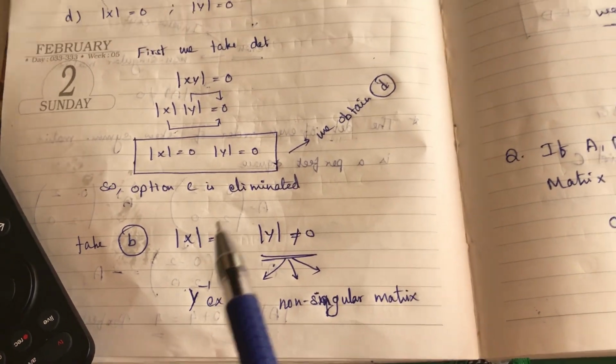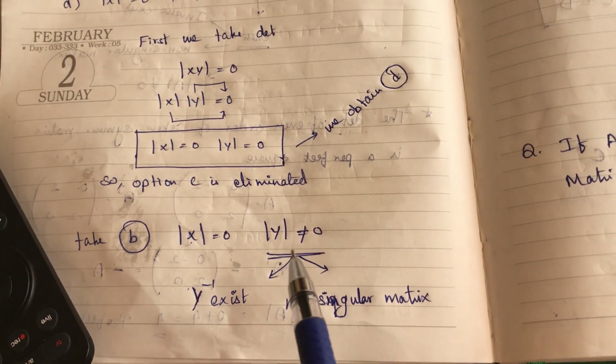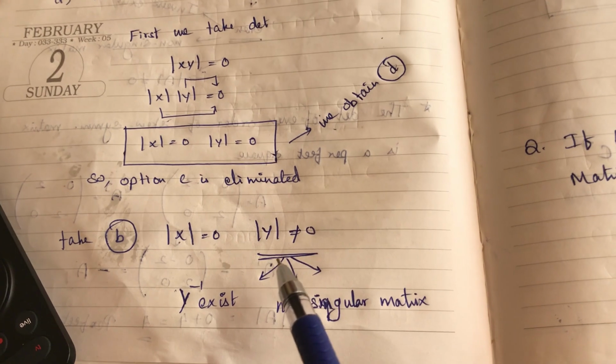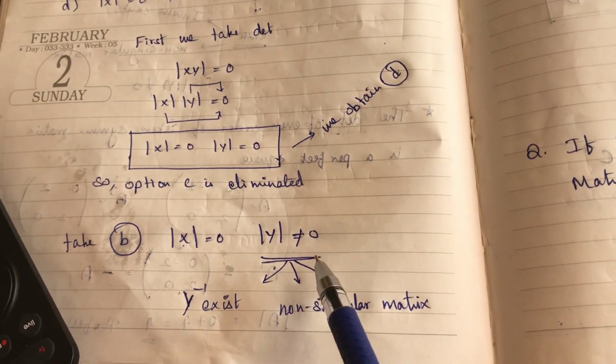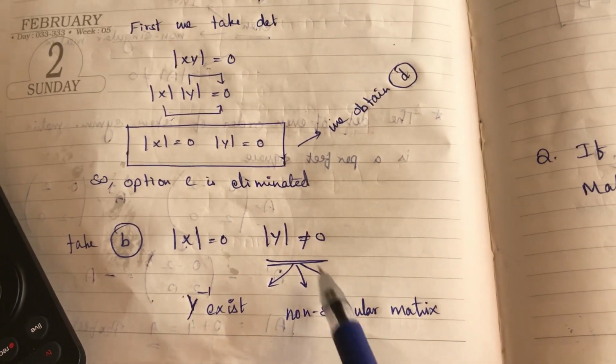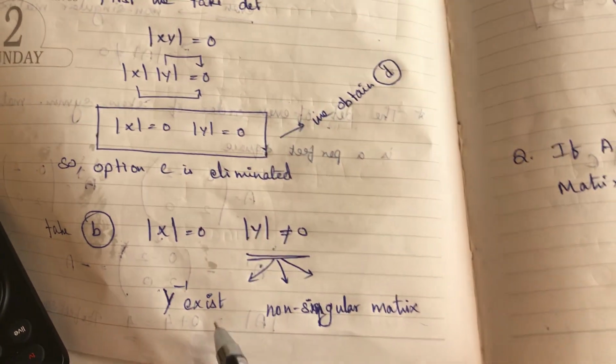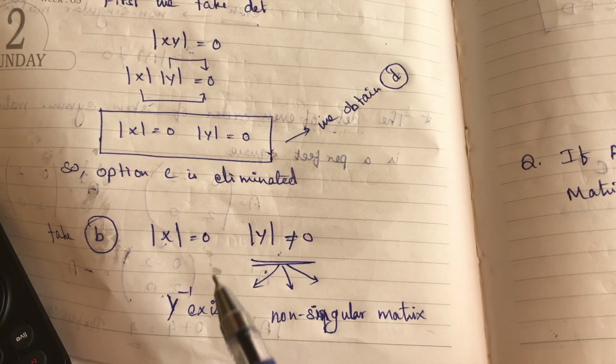Determinant value of X is equal to 0 and determinant value of Y is not equal to 0. Let's see these things. If it is not equal to 0, we have some conditions, right? It is a non-singular matrix and the inverse of Y exists. The inverse of this matrix exists.